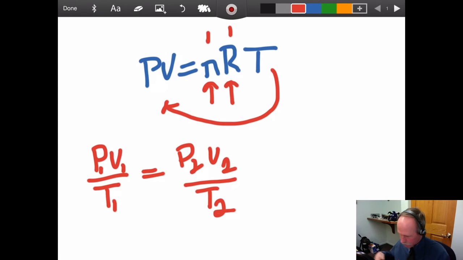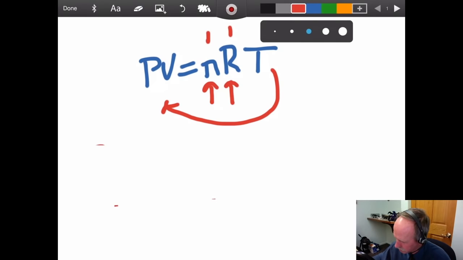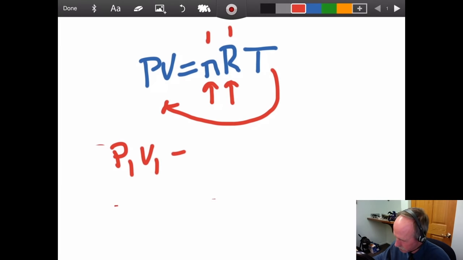So, for example, if the temperature is held stable, T1 equals T2, we can just change that to 1 over 1, and then indeed change that to Boyle's law. See how that works? So that becomes P1 V1 equals P2 V2, right?